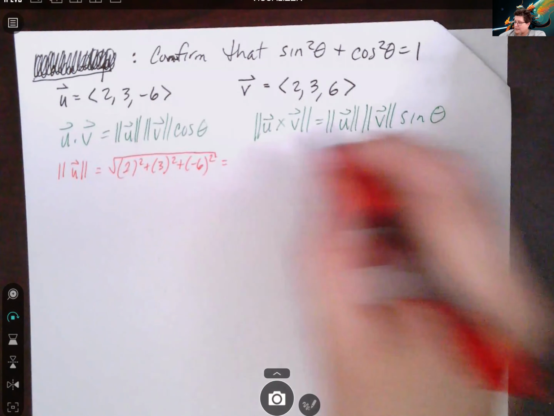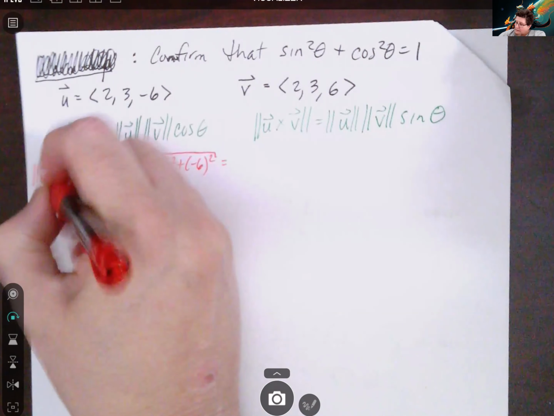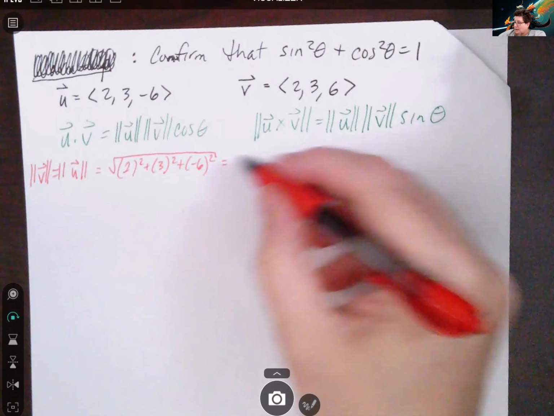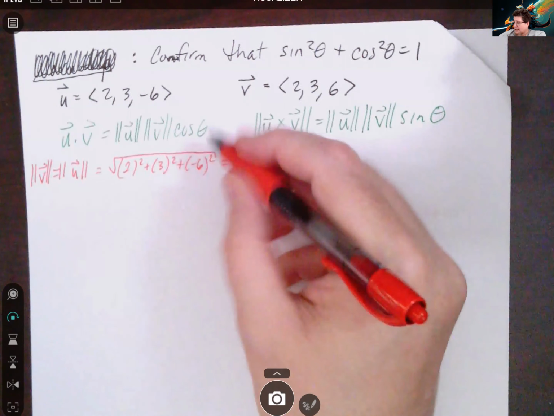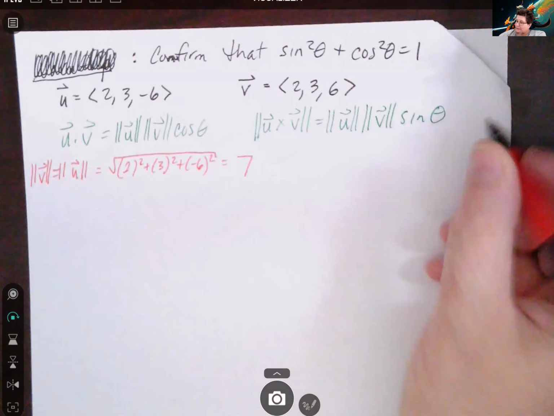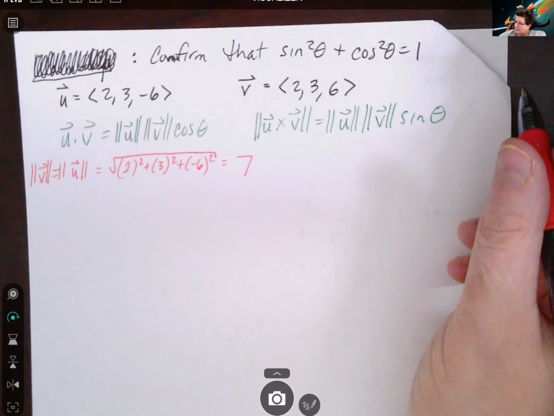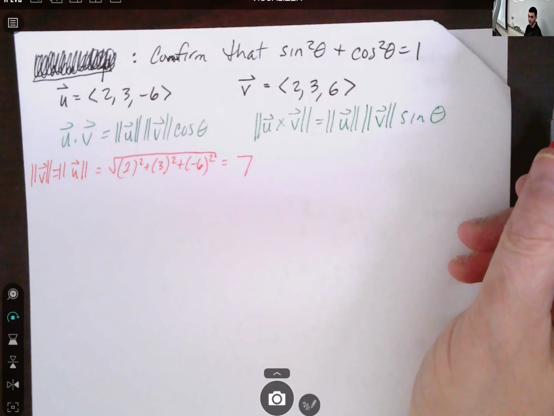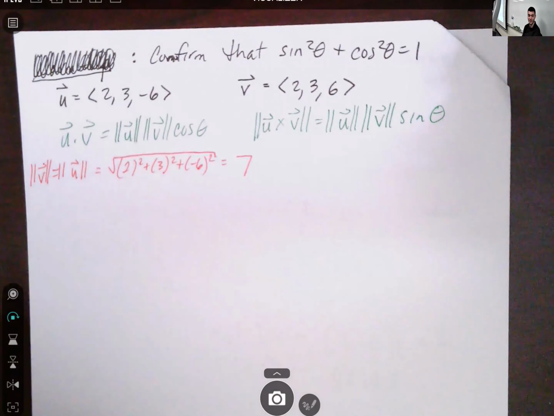It's going to be identical to V. 36 and 4 is 40, plus 9 is 49. These are all 7. That's mighty convenient. I'm sure that wasn't planned.